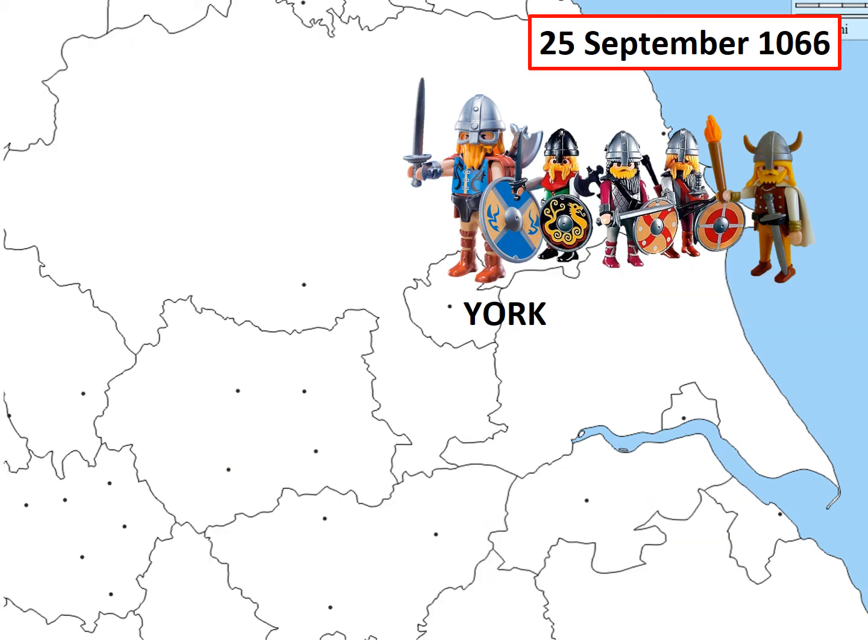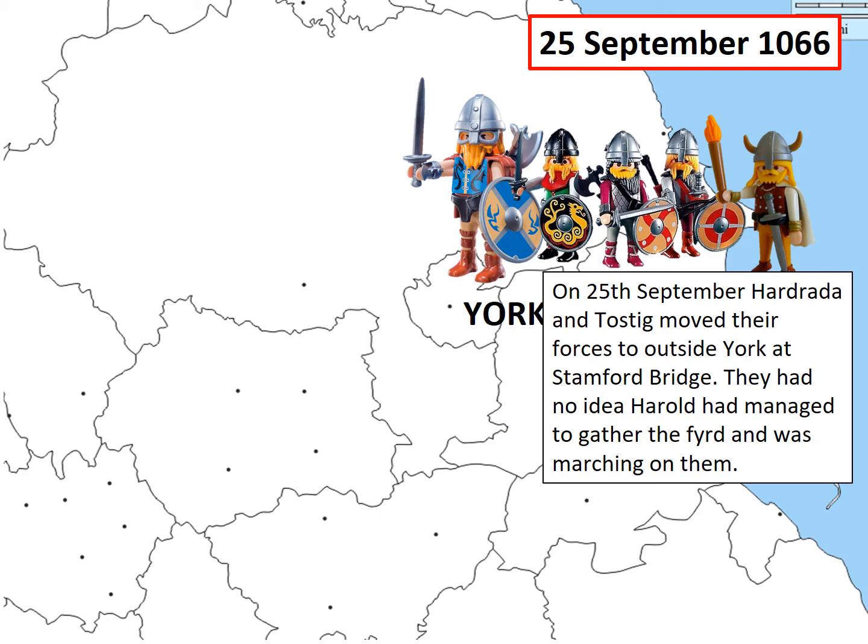They take control and they stay in York for the next 5 days. And by the 25th of September, Hardrada and Tostig had moved their forces outside York to the Stamford Bridge.